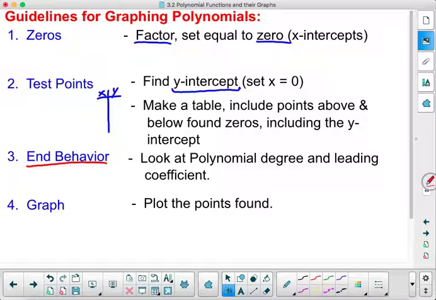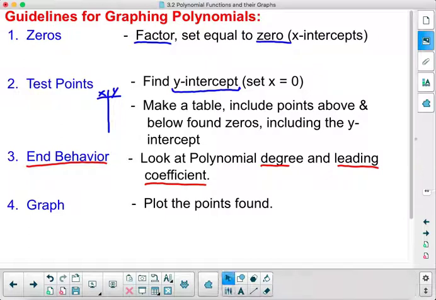So what's its degree? What's its leading coefficient? You can say a lot about my function based upon just that. And then you just put all those pieces together and make the graph. So again, maybe pause the video, give yourself a chance to jot these 4 steps down for graphing, but these are things that I'm going to lead you through that I need you to be able to do.